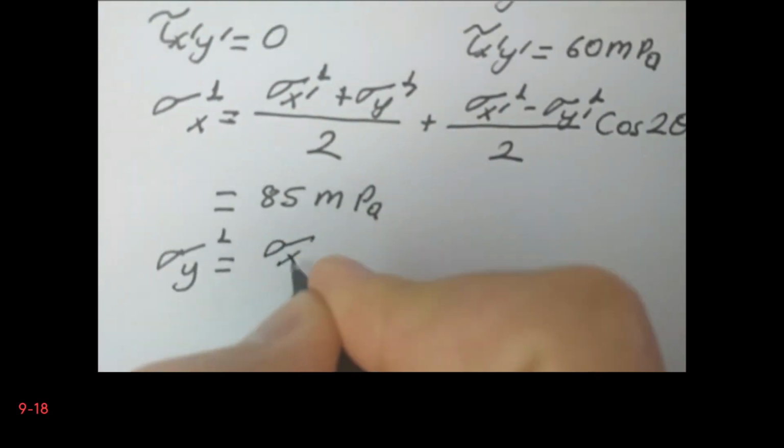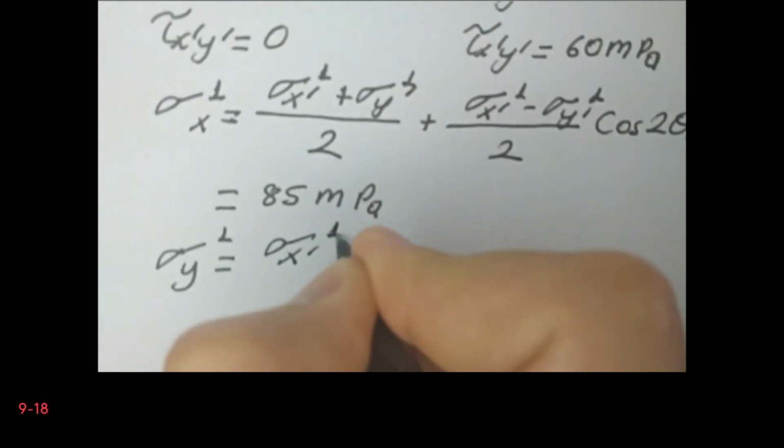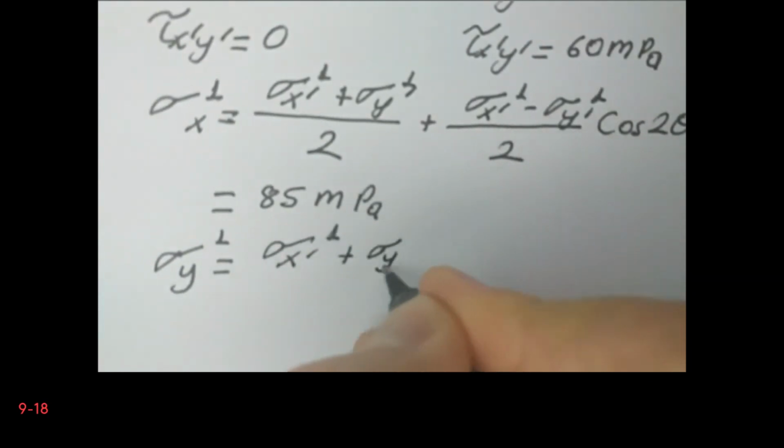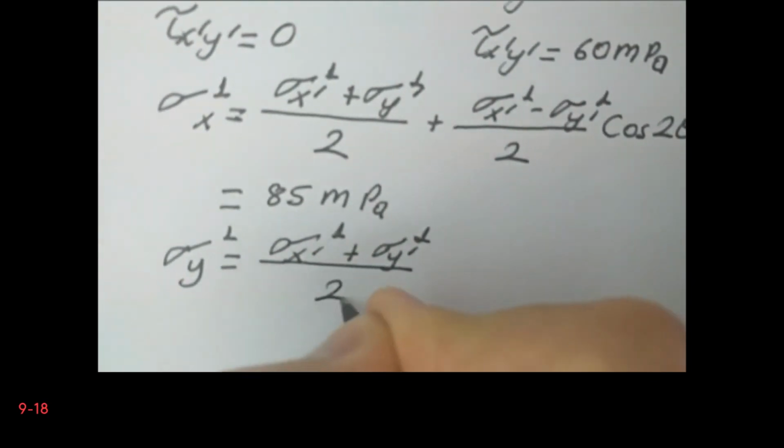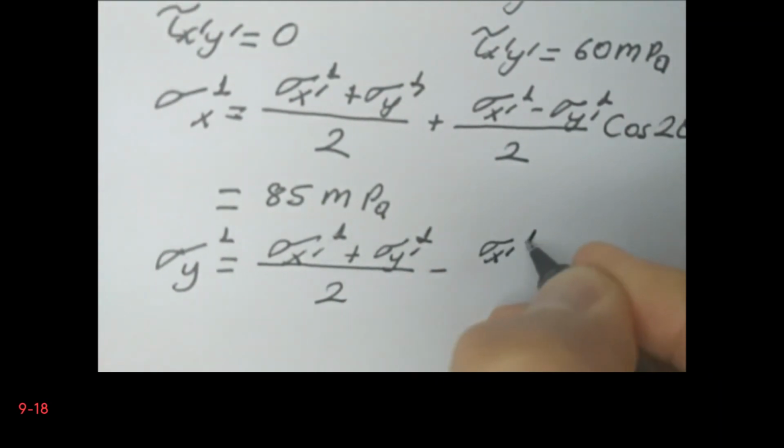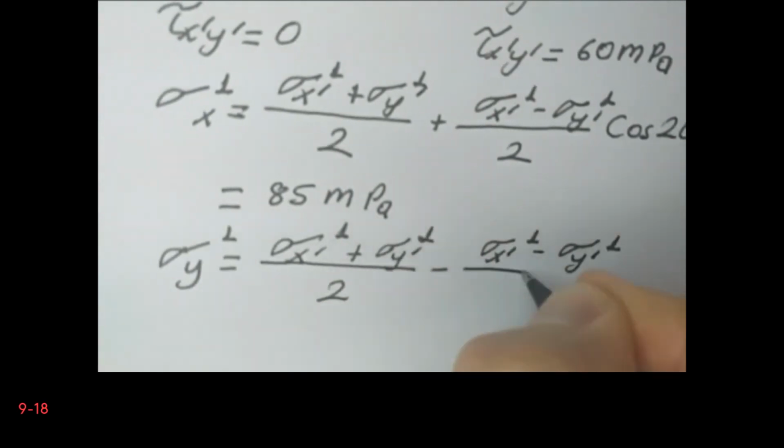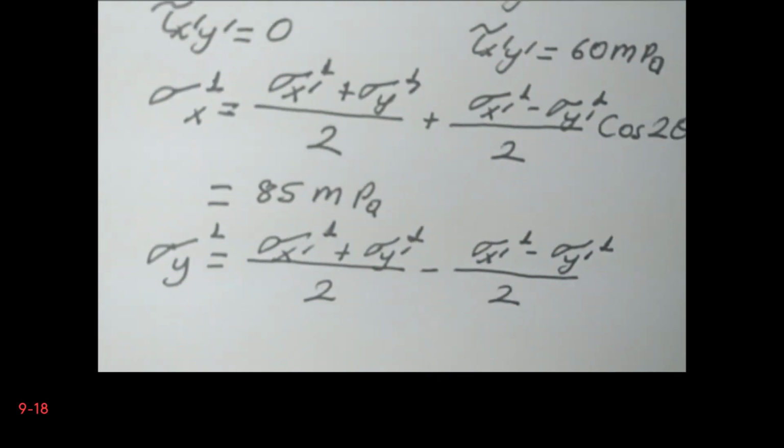Sigma x prime 1 plus sigma y prime 1 divided by 2, minus sigma x prime 1 minus sigma y prime 1 divided by 2, multiplied by cosine 2 theta 1, minus tau x prime y prime 1 multiplied by sine 2 theta 1.